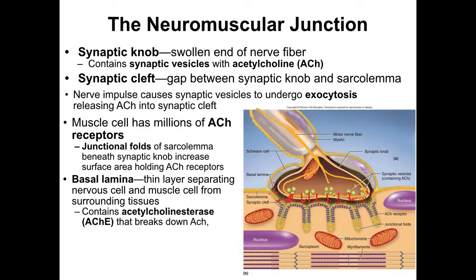And as you should know by now, whenever there is that sort of foldy structure, that's there to increase surface area. This surface here is going to be filled with receptors for that neurotransmitter, typically acetylcholine. And the synapse itself is full of an enzyme called acetylcholine esterase.